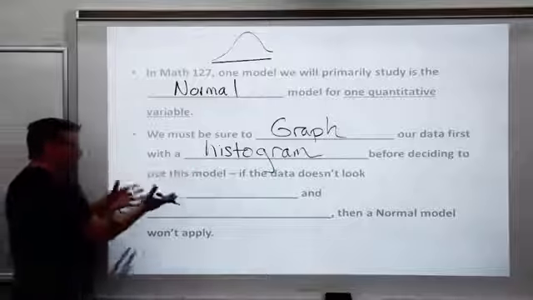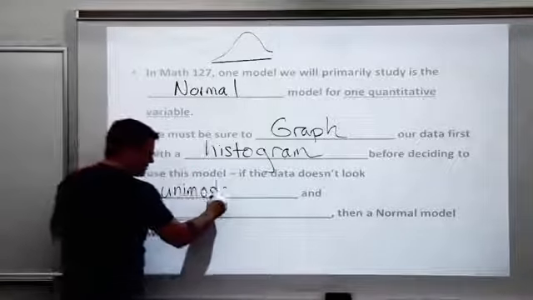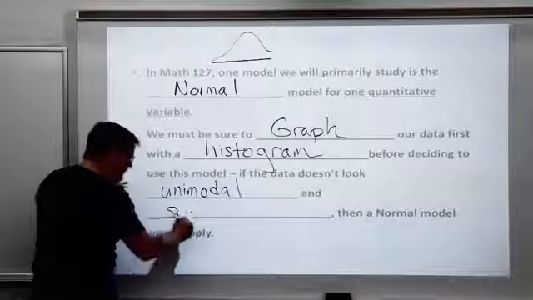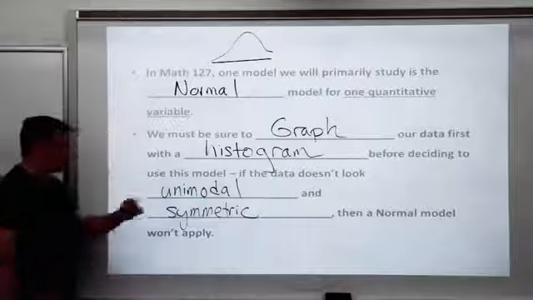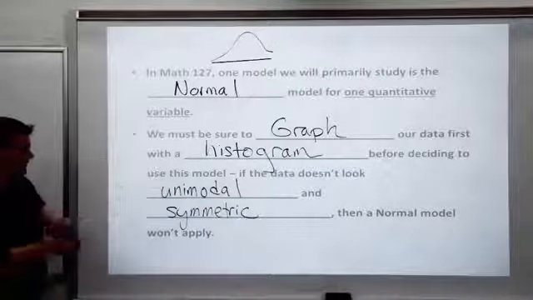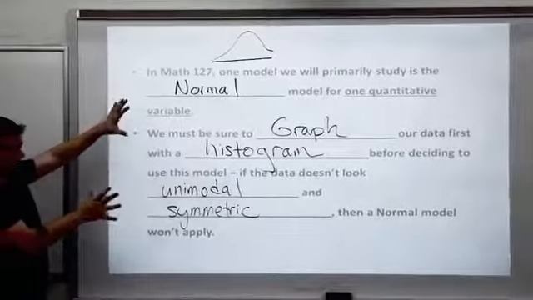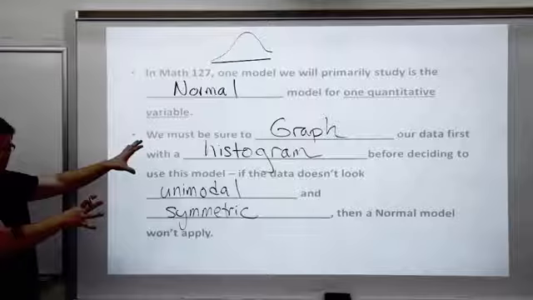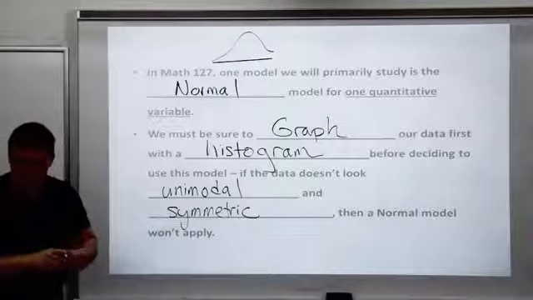If the data does not look unimodal and symmetric, then try something else. The normal model won't apply. A little review from the previous video. We're going to skip this and do regression first. That's the linear model. Then we'll come back to this in about a month, maybe 3 weeks.